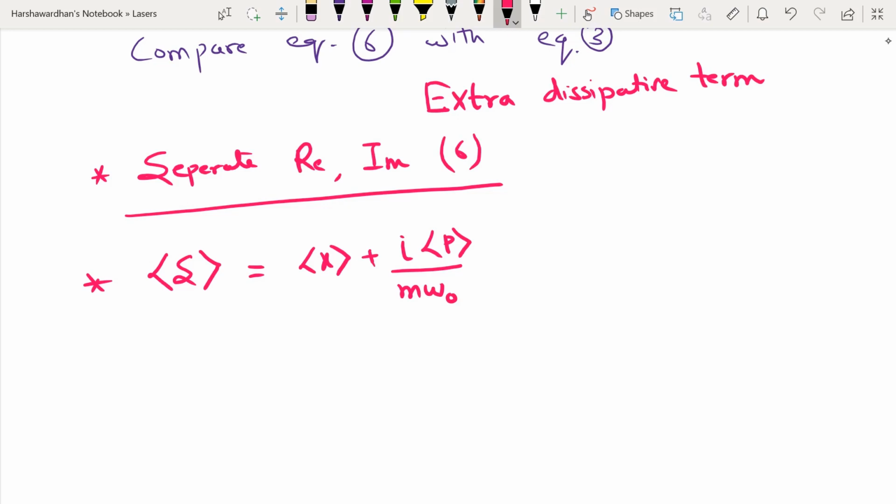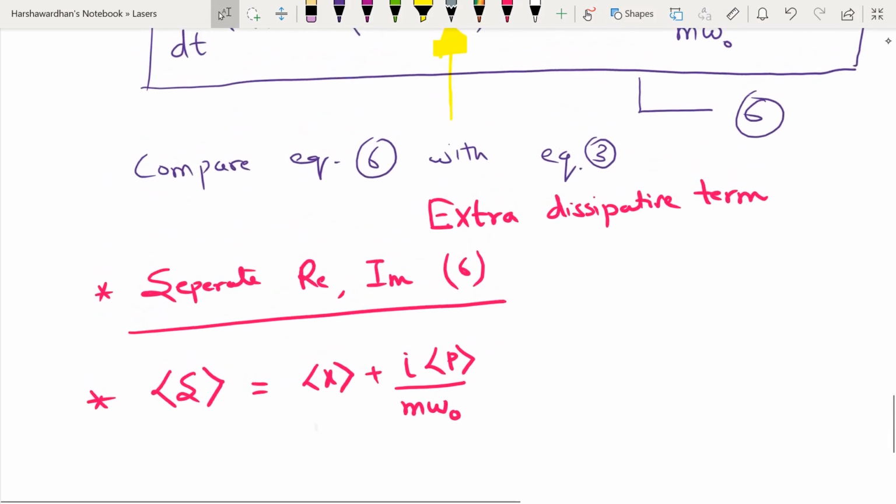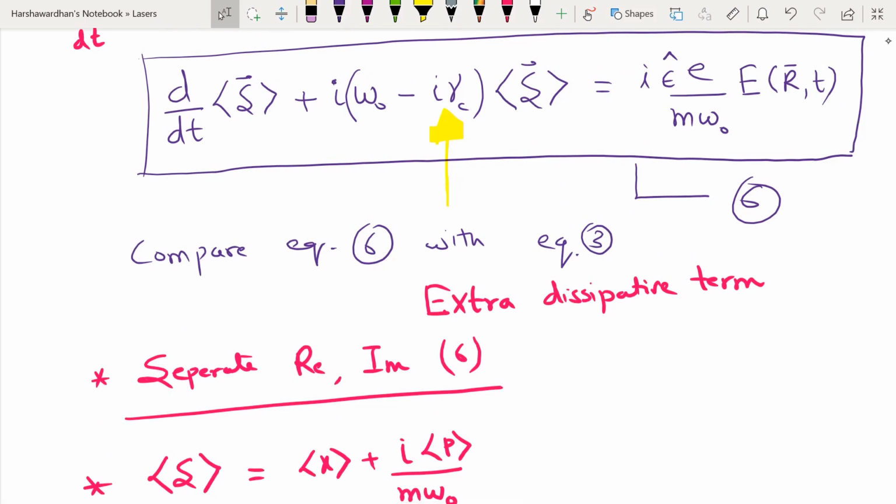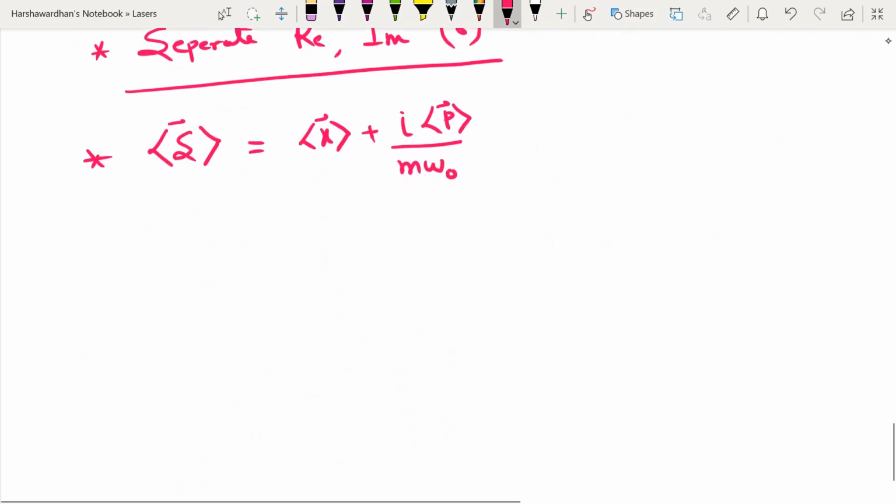This is just the modification of the original definition that we had, and one is saying that this is how it is going to remain equivalent, right? So I separate out real and imaginary parts, use this definition of S, right? And see what we get.